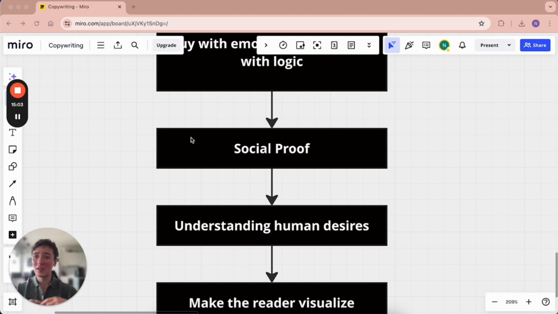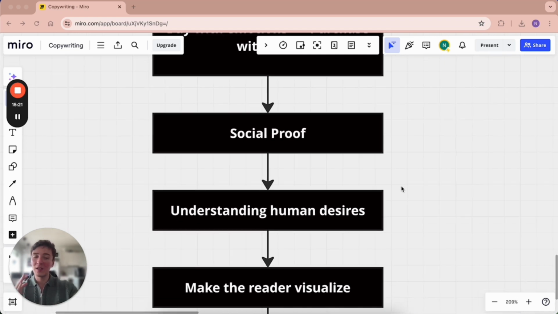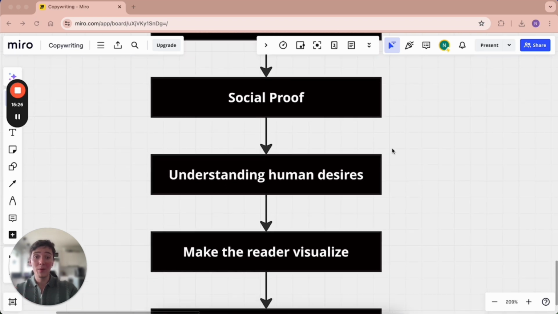Again, if Louis Vuitton did their marketing to self-improvement, that wouldn't really make sense, right? They have to do it to status. They have to do it to high value, because that is what their products represent. So understanding your human desires is very, very important as well, and that is something that you should have in mind when you write your copywriting.